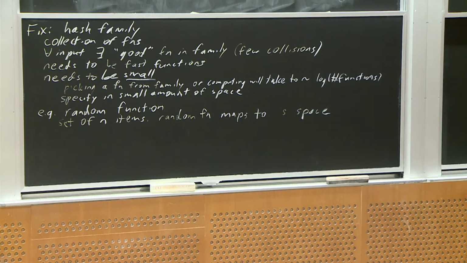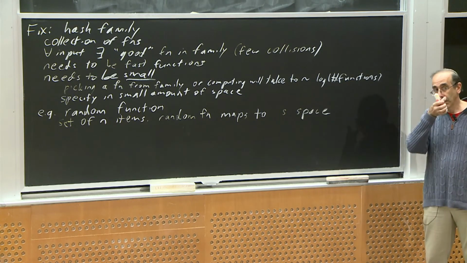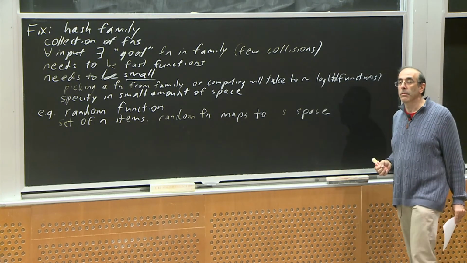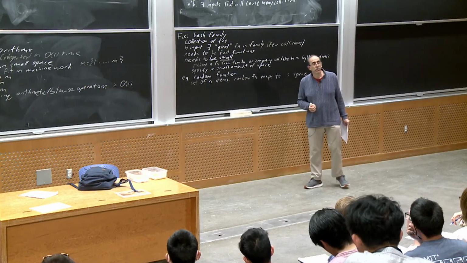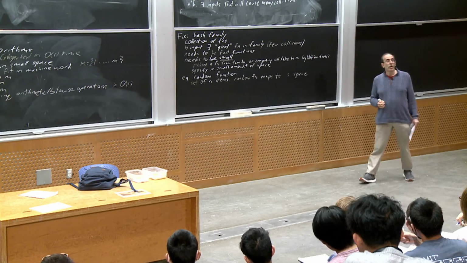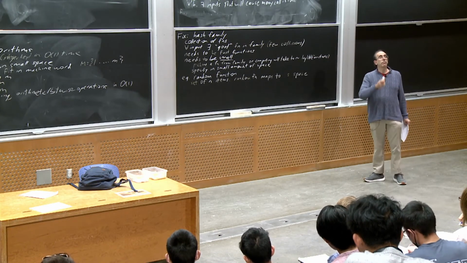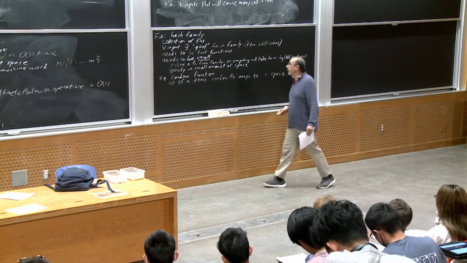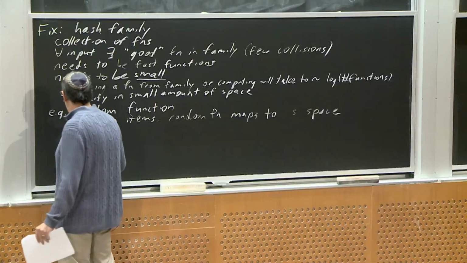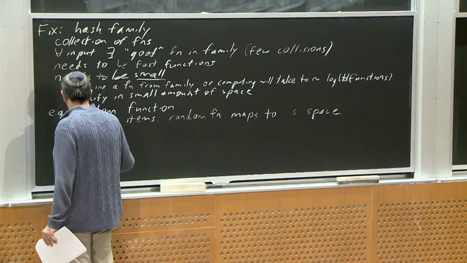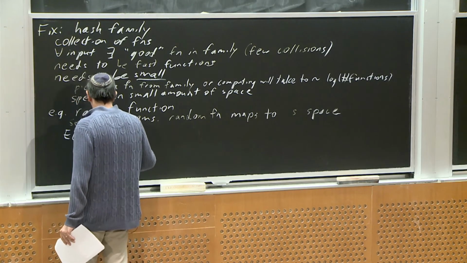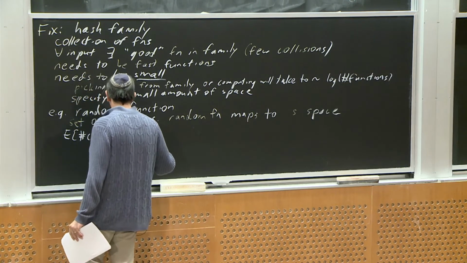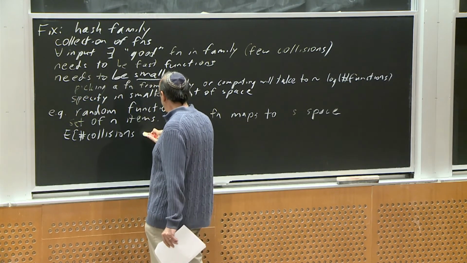How good a job is this going to do in terms of collisions? What might I expect? And that was a pun, because the way that we analyze randomized algorithms, the first thing that we always look at is expectations.